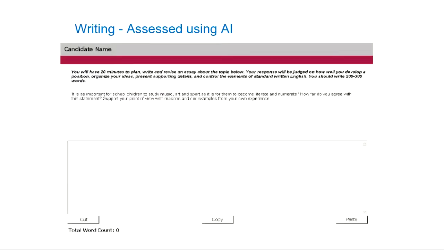And the writing, again, is a writing prompt. They're given 20 minutes where they can plan, write and rewrite, do whatever they want, write their responses down, and then again that is sent off to be assessed.